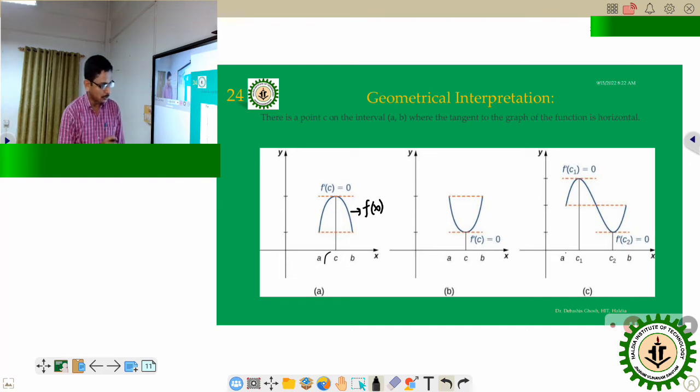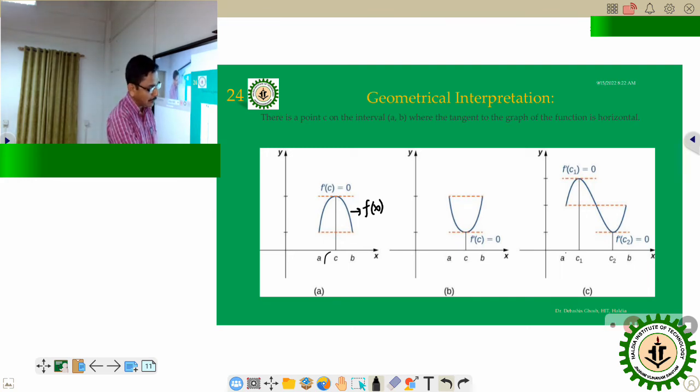Therefore we can claim that this function satisfies Rolle's criteria. So there should be some point c in between a and b at which f dash c comes to 0. So we can claim that for the tangent to this graph, there is one point at which f dash c comes to 0. That is, the tangent is parallel to the x-axis.